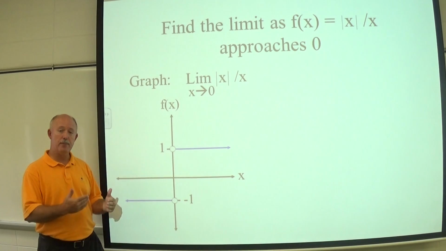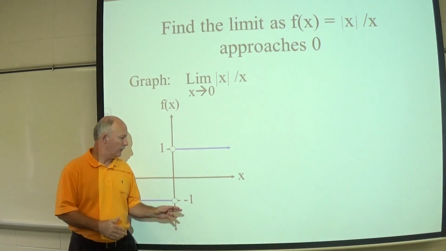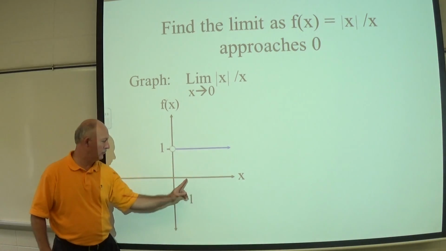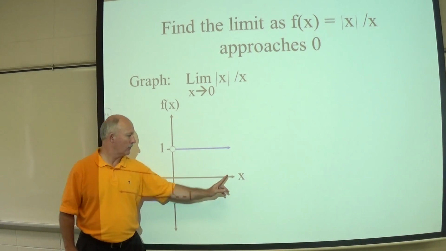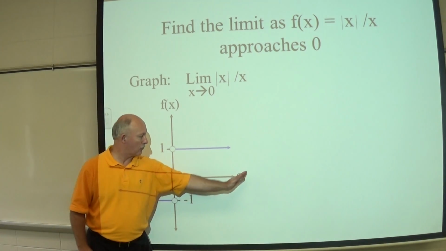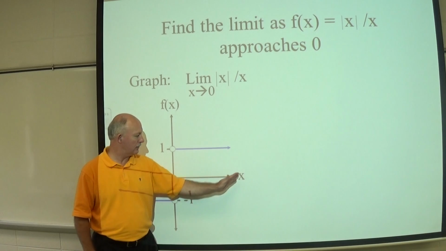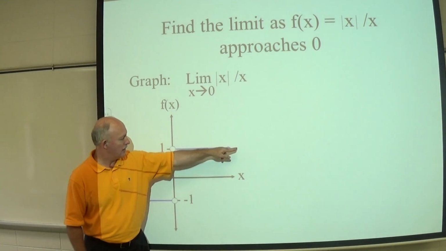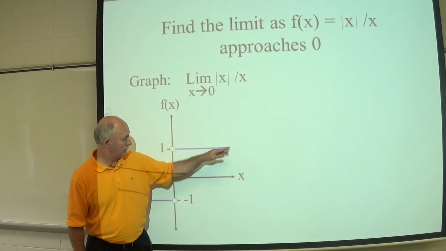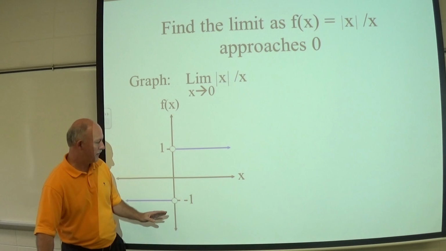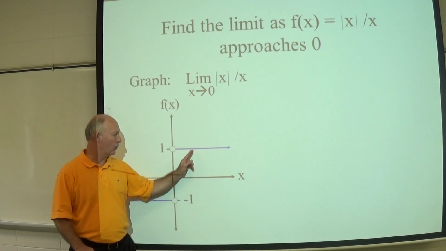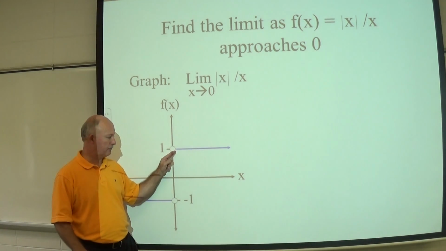So let's come from the right-hand direction first. We're going to find the limit as x approaches 0 from the right-hand direction. Now, from 0 to the right, all values greater than 0 on the x-axis, you can see the value is 1. So coming from the right-hand direction, the corresponding y value would be 1.